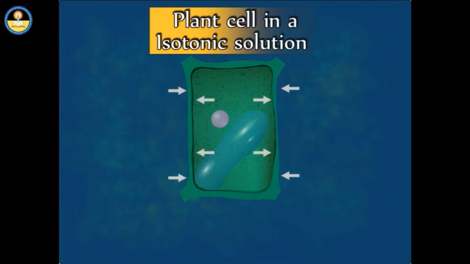This creates a dynamic equilibrium that maintains the status of the cell. Hence, no change takes place in the shape of the cell.